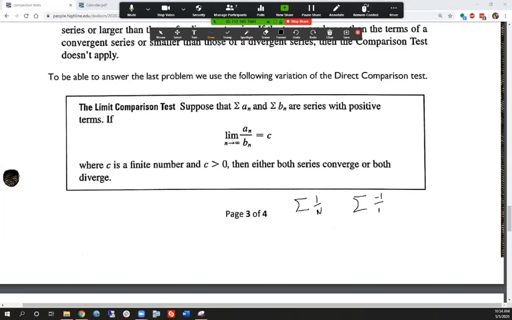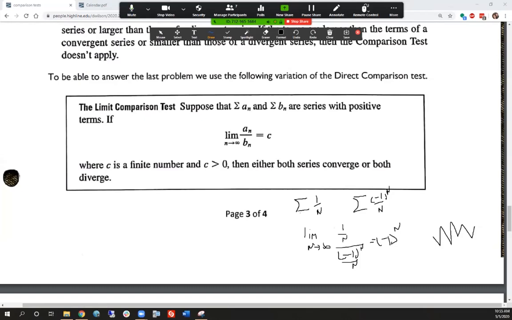In this case, if we looked at the limit as n goes to infinity of 1 over n over the negative of that, we're going to end up with (-1)^n. So it's going to bounce back and forth, and the limit won't ever exist, even though it seems like these things maybe have something similar going on.